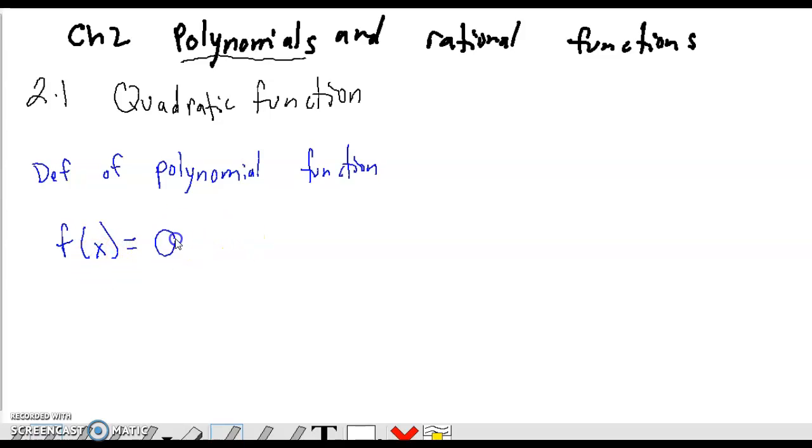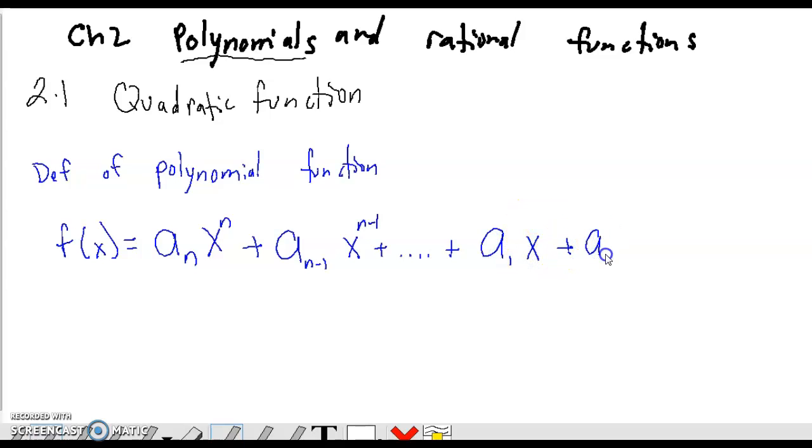So f of x is equal to a_n x to the power of n plus a_(n-1) x to the power of n minus 1 plus, and then there's a lot of terms in between, and then a_1 x to the power of 1, and then plus a_0.